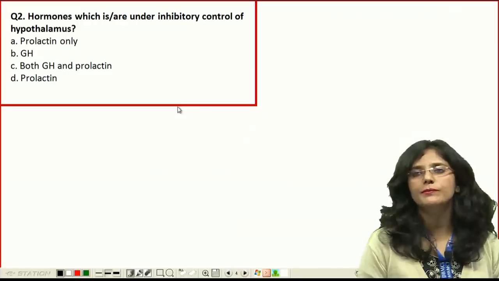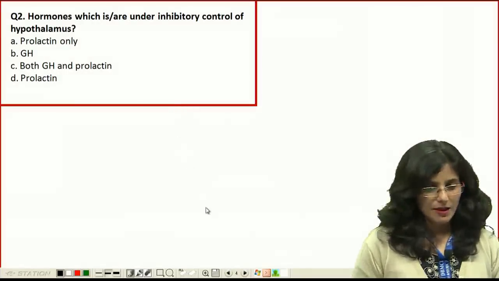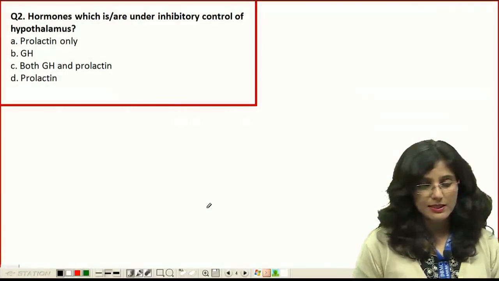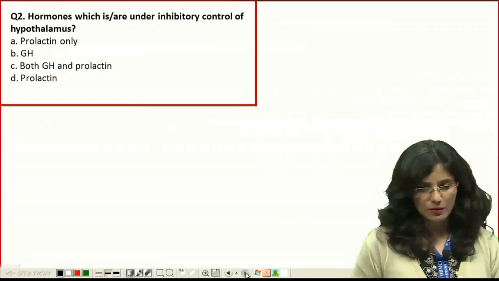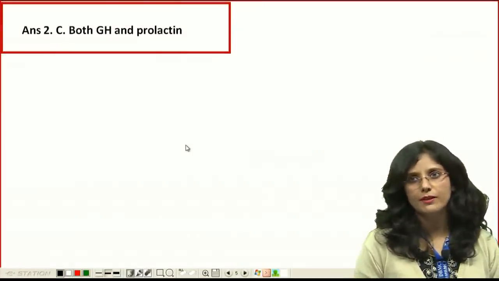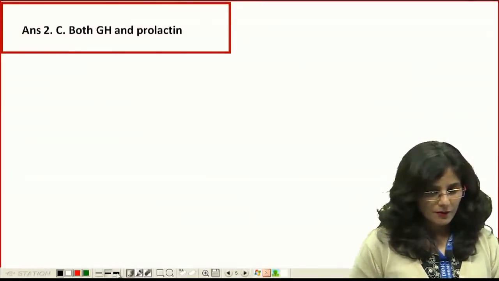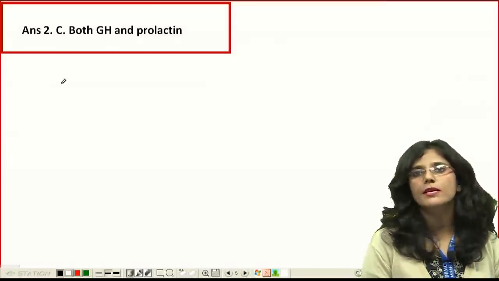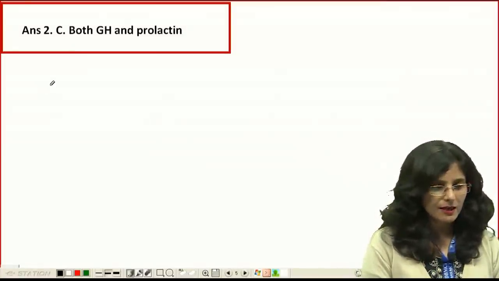Now the next question. The answer of this question is C, which is both growth hormone and prolactin. Now we will discuss the question in detail.